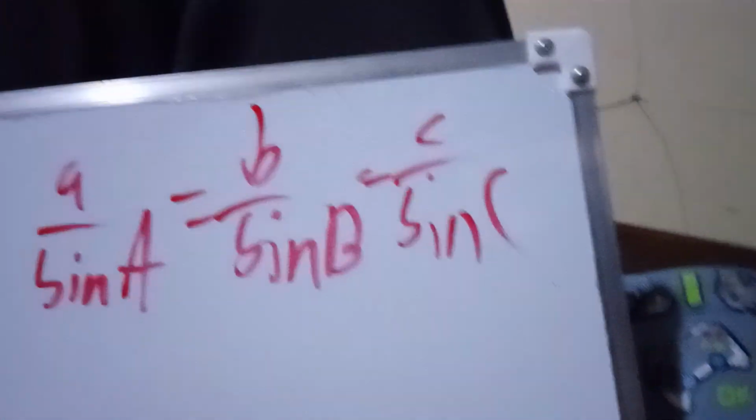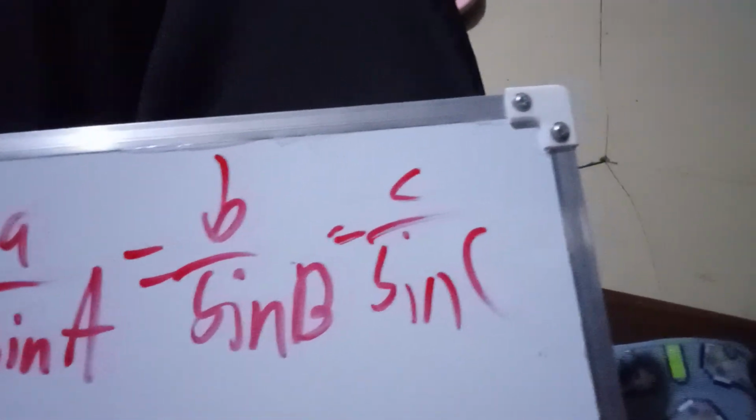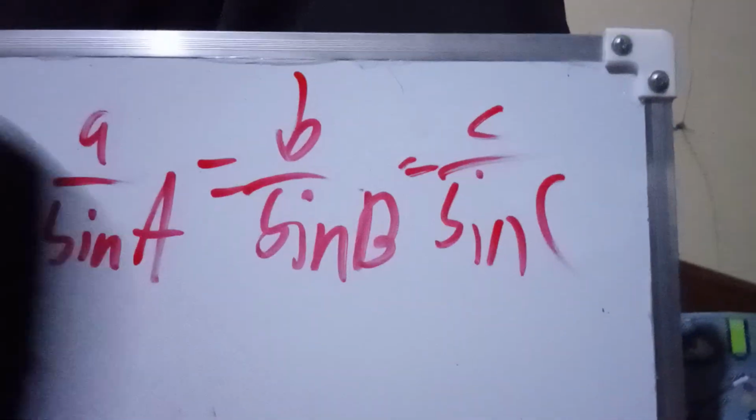This is what I'll be using, but you can use either of them because it will give the same solution at any time. Remember, this is not a very comprehensive guide.